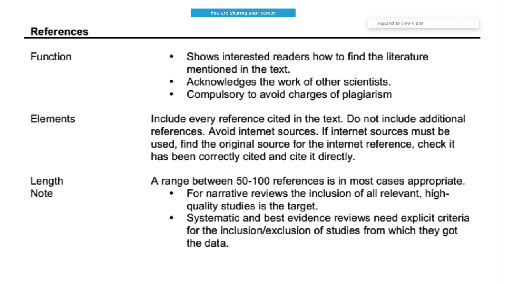And then finally comes the reference. In the reference, you must follow the reference style, the citation style of the journal or your university, which has been specified. That is really important so people can refer to the original source of information if they want to.